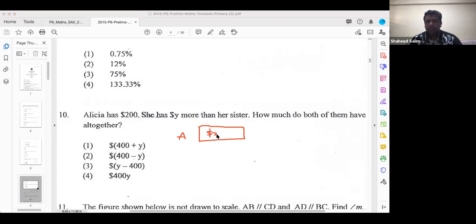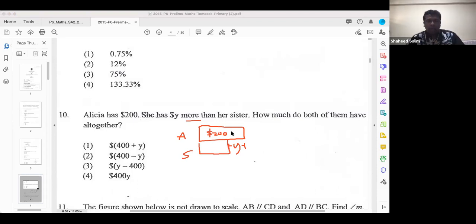The sister, we call her S. Sister got less because Alicia got more. So how much more has she got? Y more. So where is Y? Y is something like that. You see? Alicia has Y more than sister. Sister got Y less than Alicia.